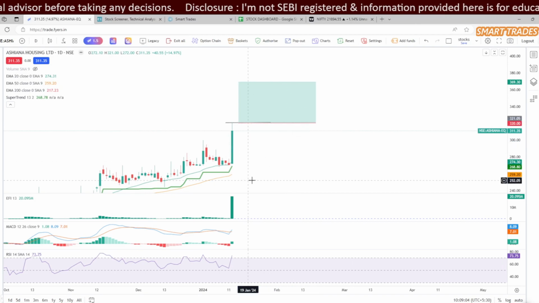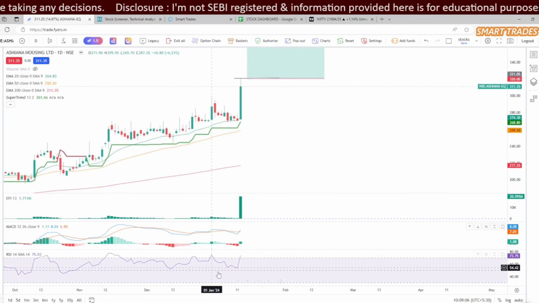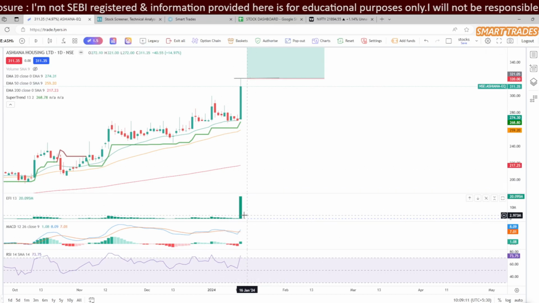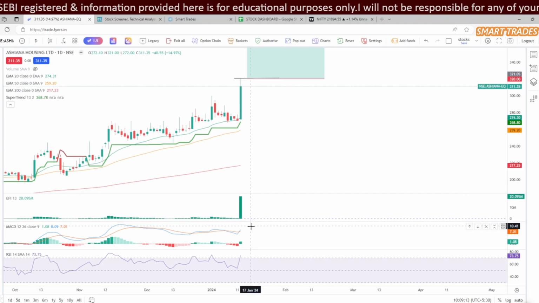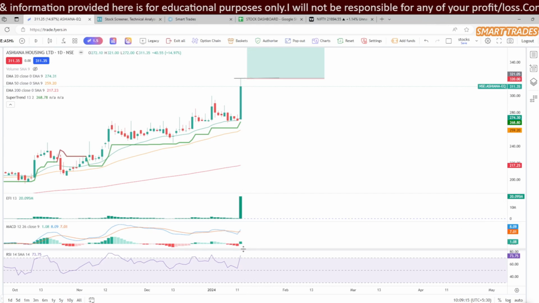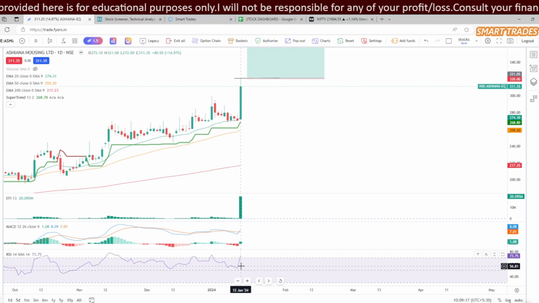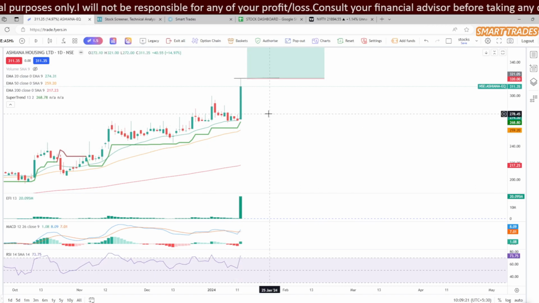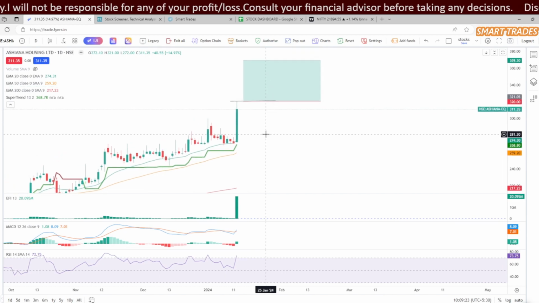Or if any of these indicators show a negative force, like EFI turning negative, MACD showing negative, or RSI going below 40, if any of this happens, you can exit your trades.